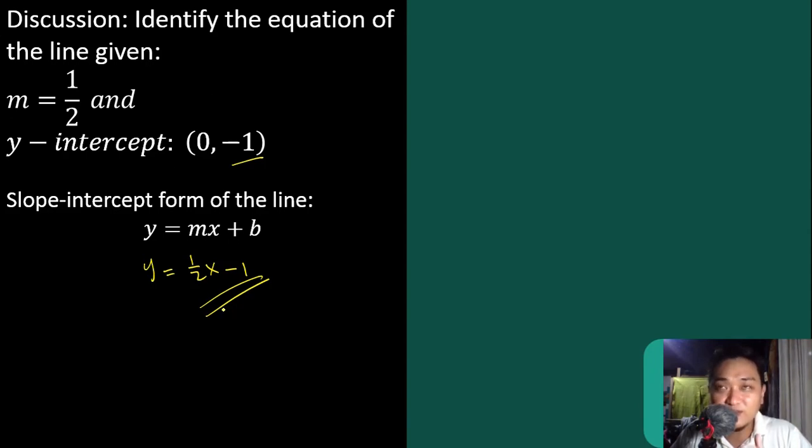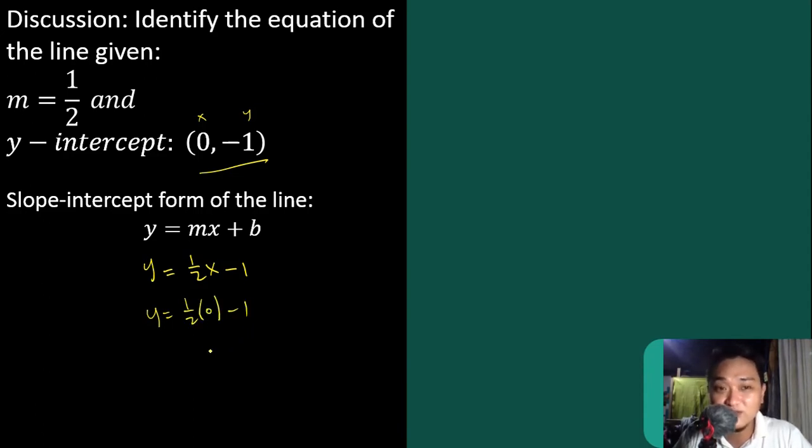Now, if we are curious whether our equation is correct, all we have to do is to substitute using this coordinate. So let us try. The value of x there is 0, and this is x, this is y. The value of x, or the abscissa, is 0, so y is equivalent to 1 half times 0 minus 1.